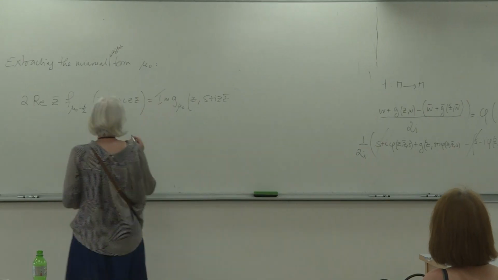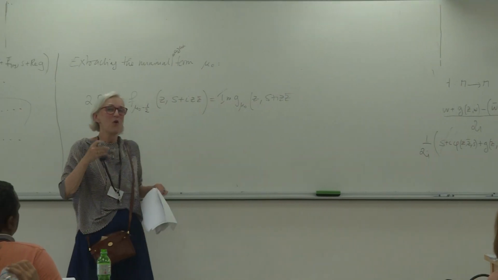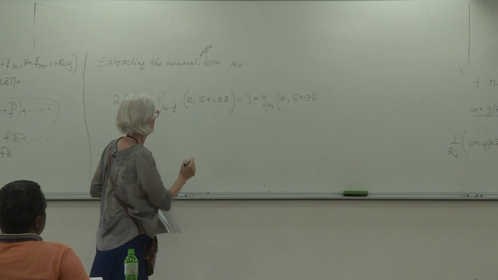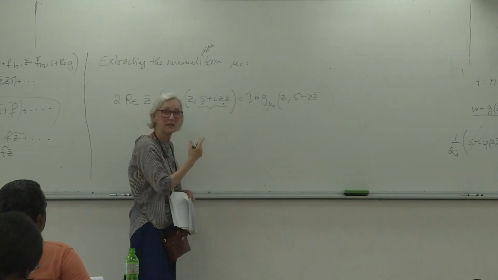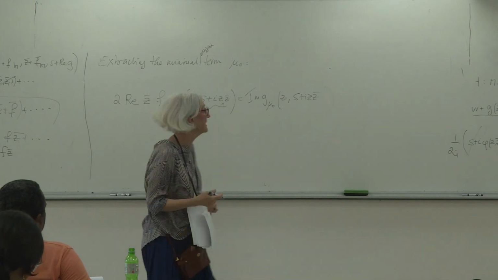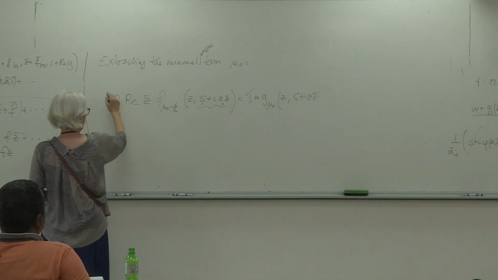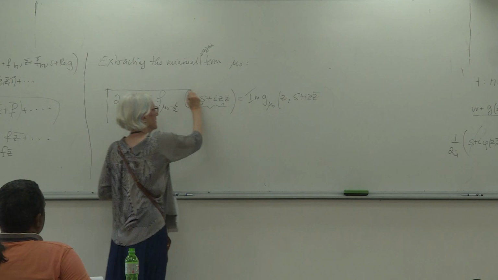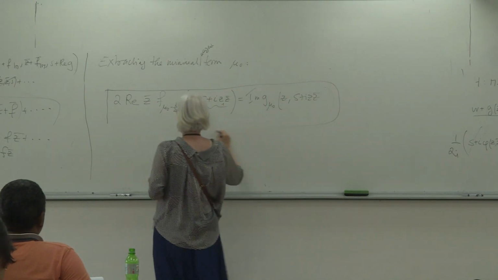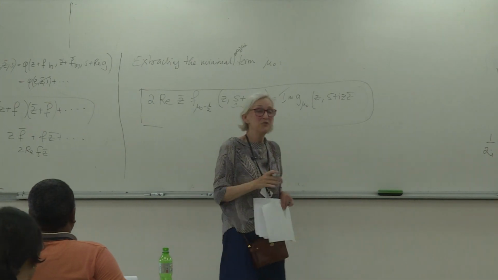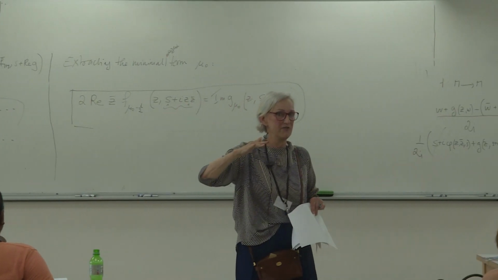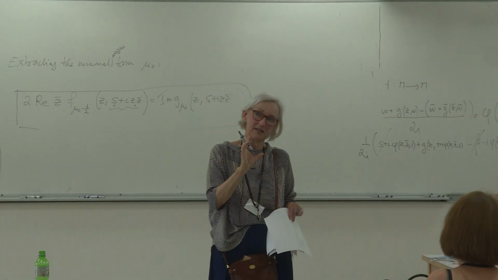And now you can understand why you choose 1 over 2 and 1, because this is of weight 1, this is of weight 1, and the rest doesn't count. And look at this equation. What is the importance of this equation? You don't see the perturbation of M, you just see the model.